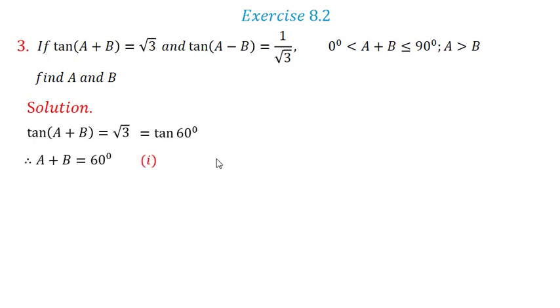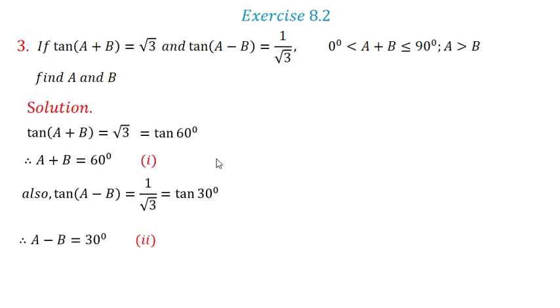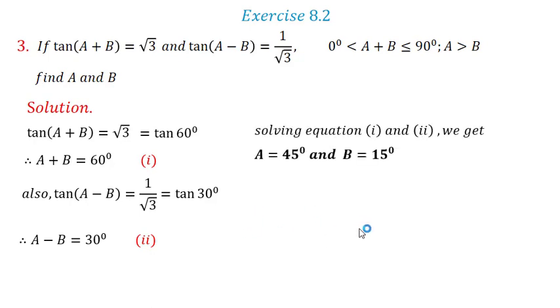Similarly, tan 30 degree is 1 upon root 3, so the value of a minus b will become 30. So I have a plus b as 60 degree and a minus b as 30 degree. So these are two equations. I will solve these two equations. By solving, I will get value of a as 45 degree and value of b as 15 degree.